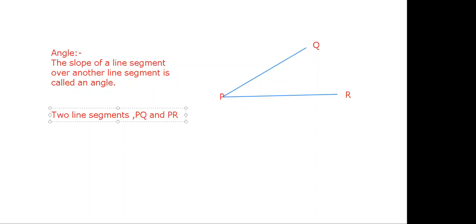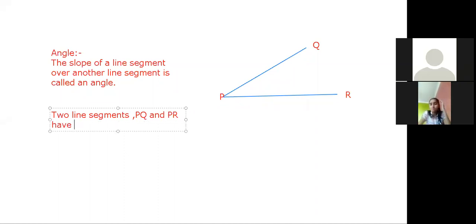These two line segments, PQ and PR, have a certain slope.